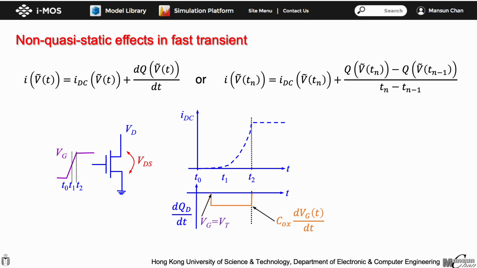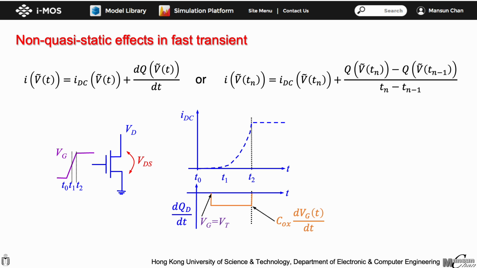So, the charging current, which is given by the charge derivative, is proportional to Cox dVg/dt. Note that the charging is achieved by having electrons moving from the source and drain to the channel. Therefore, the current is moving out of the drain and is considered to be negative.